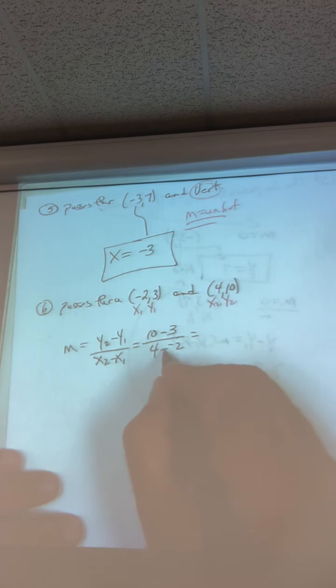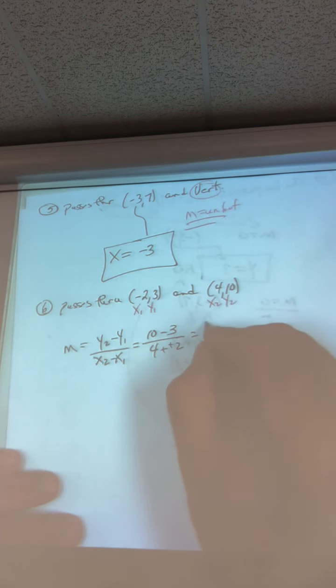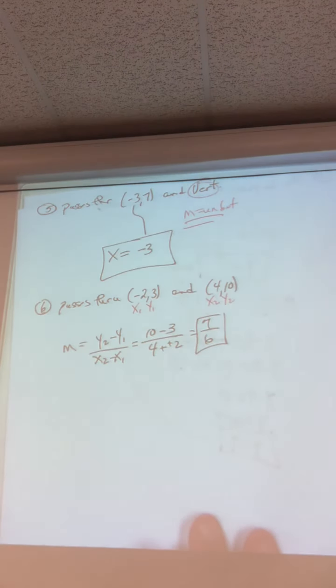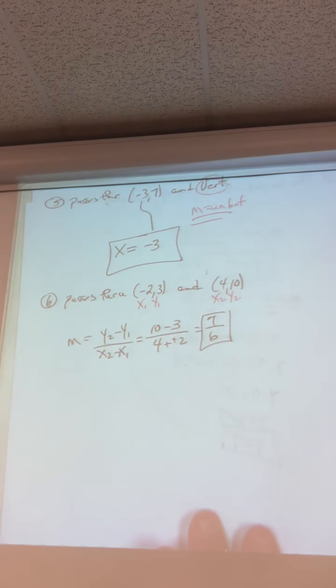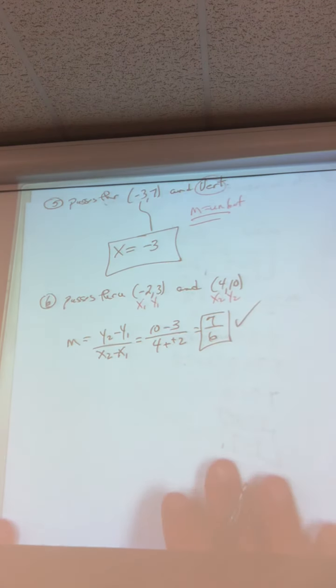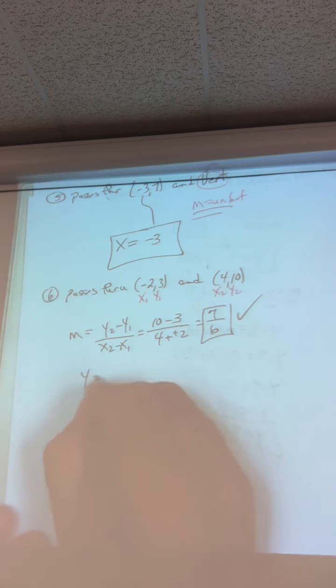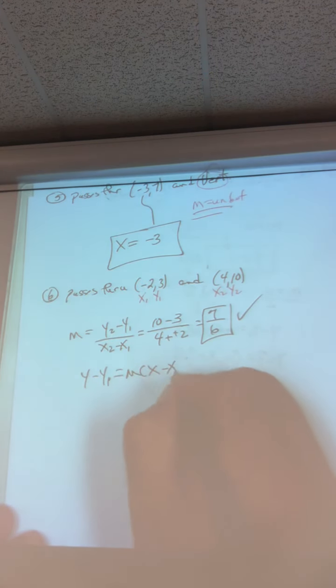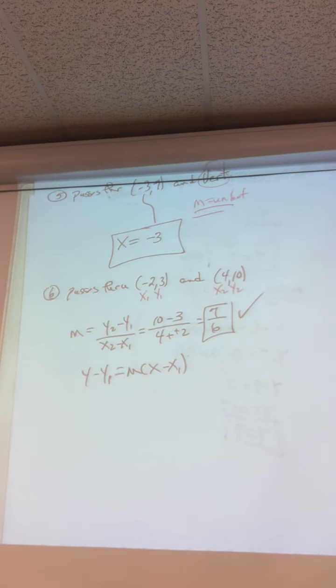Double negatives here gives me a positive, so this would be 7 over 6. That's the slope. Now that's not the answer to the problem. That's just the slope. But now that I have found the slope, I can now use my point slope formula because I now have the slope and a point.